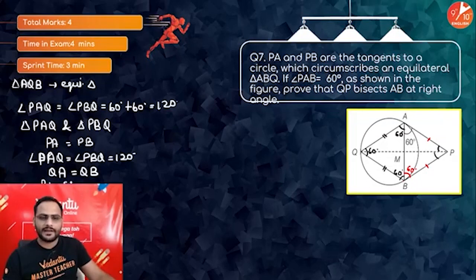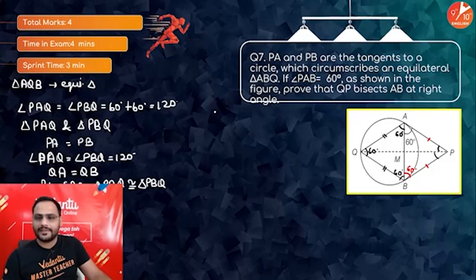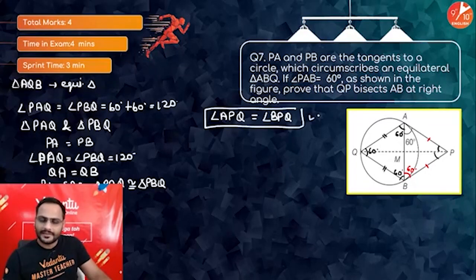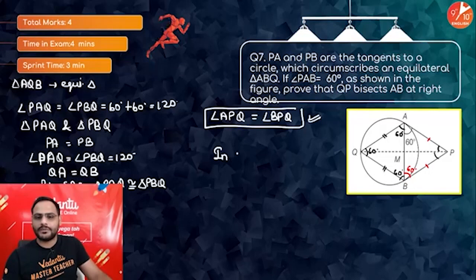By the side angle side rule, you'll say triangle PAQ is congruent to triangle PBQ, and if these two triangles are congruent, I can say angle APQ is equal to angle BPQ. Bas, this I have got.